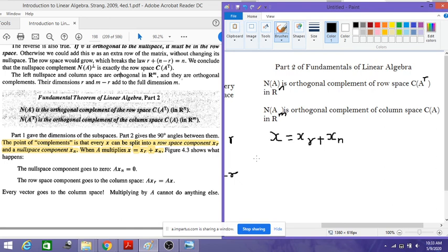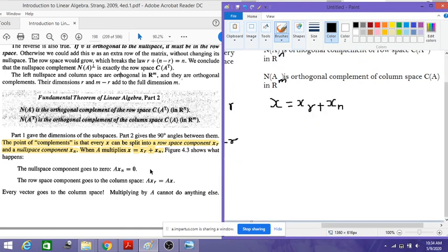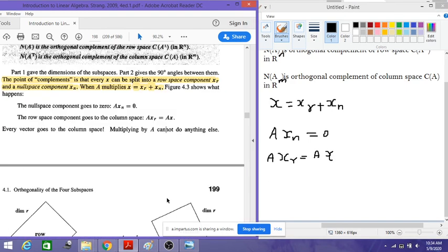So x is equal to xr plus xn, the row space component plus the null space component. Then we multiply with the matrix A. The null space component goes to A xn, which is equal to 0, and the row space component gives A xr, which is equal to A x.